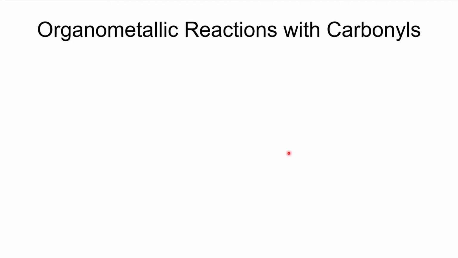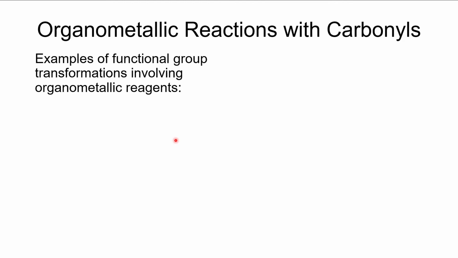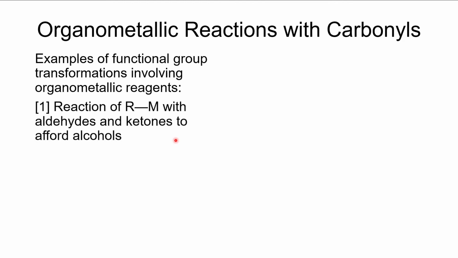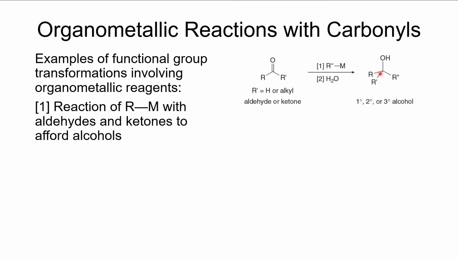Now, here's what we're really going for. When we take some of these organometallic reagents and react them with carbonyls, we'll get some very interesting reactions. We can react the organometallic reagents with aldehydes and ketones, and when we do that, we can get an alcohol. Now, what kind of alcohol depends on what kind of carbonyl compound we use.